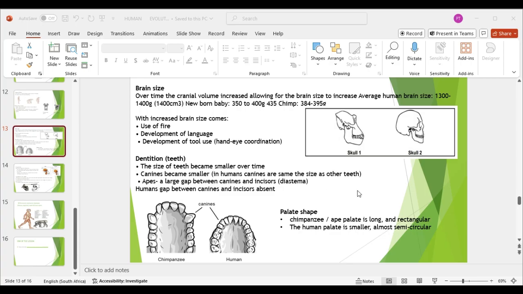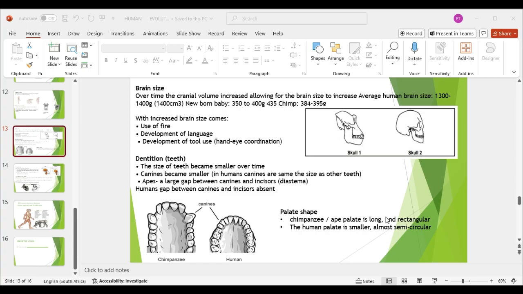So what are the benefits of brain size? With an increased brain, we can use fire, we develop language, and we are able to make our own tools.